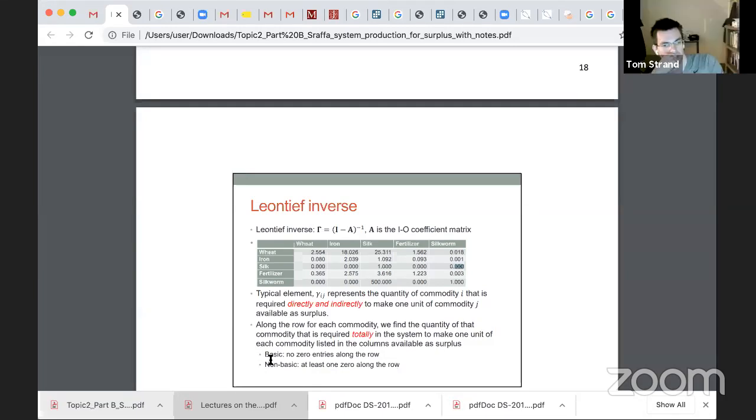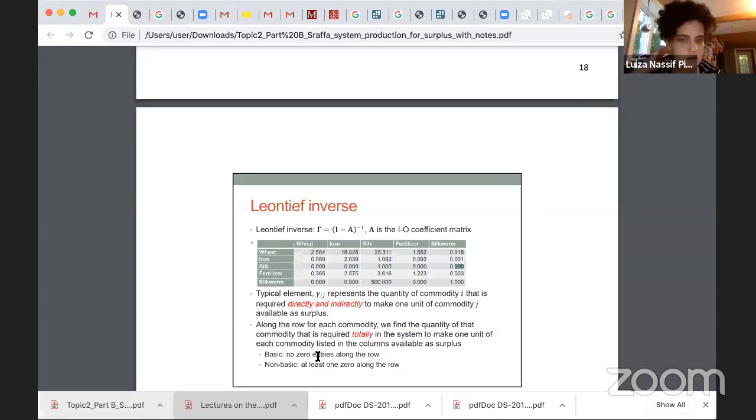So there are these 2, actually, straight from the Leontief table, you would have what is called the forward and the backward linkages, which is Hirschman's effects using the Leontief table.